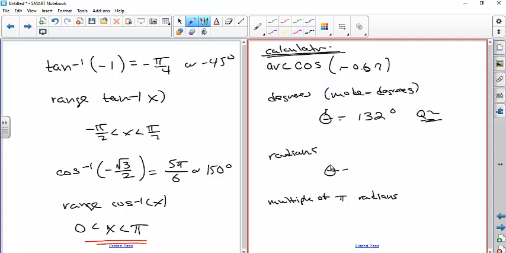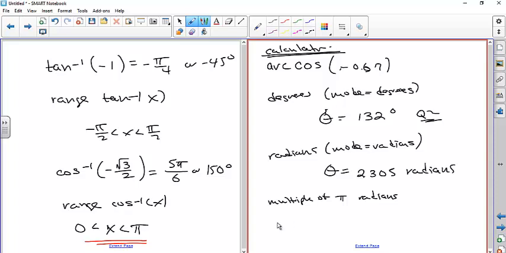Here, you just have to make sure the mode equals radians. So all I do is find radians on my calculator, and then just use the inverse cosine of negative 0.67, which is 2.305 radians.